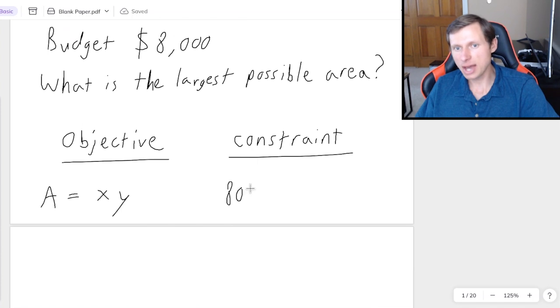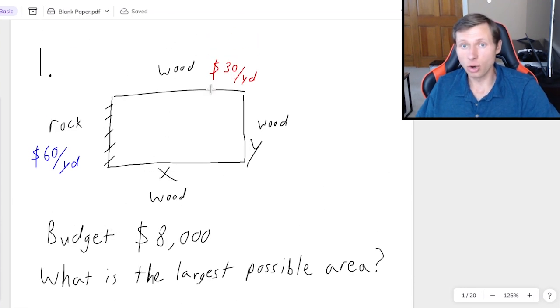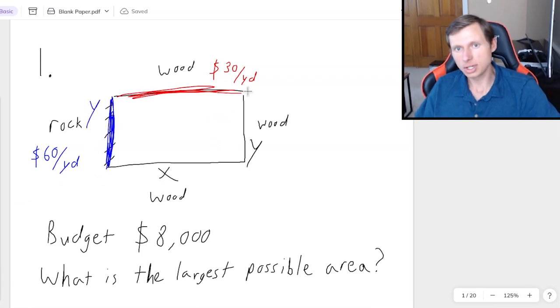So 8,000 equals, and then how do we set up an equation for this? Here's what we're going to do. The budget and the cost is tied to the perimeter. In other words, it's $60 per yard for this side, which is y, $30 per yard for these two sides, which are both x on the top and bottom.